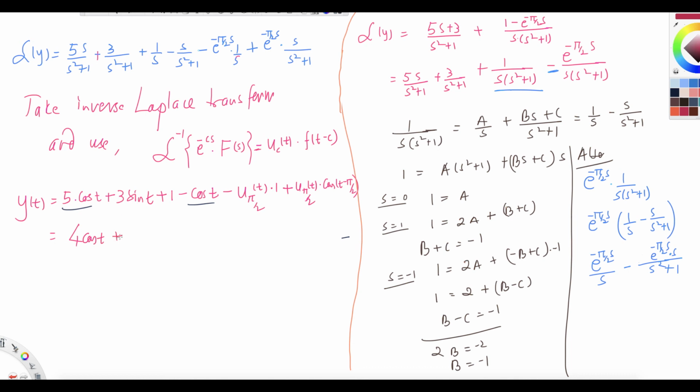And then plus 3 sine t plus 1 minus, you can factor out u pi half t if you want to, or you can just keep it, it does not matter, minus u pi half t plus u pi half t times cosine of t minus pi half, like that. So this is the final answer. This is the solution of that function.